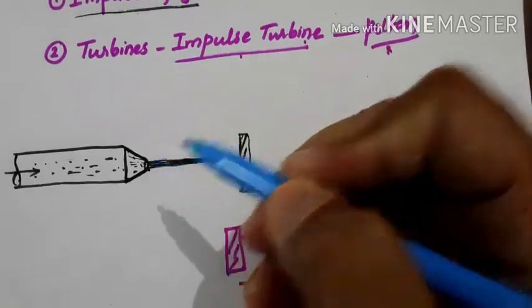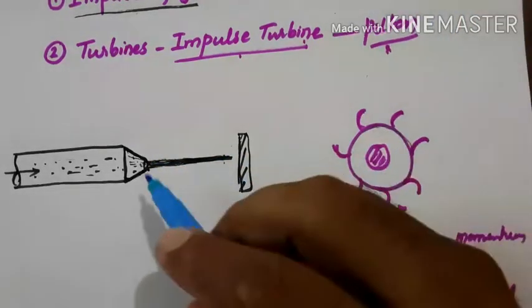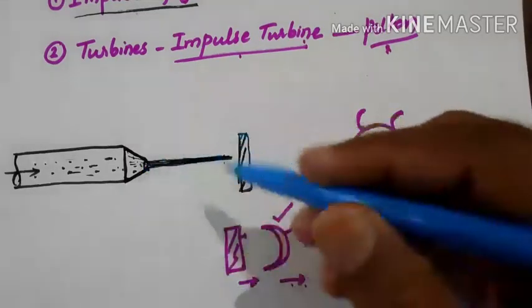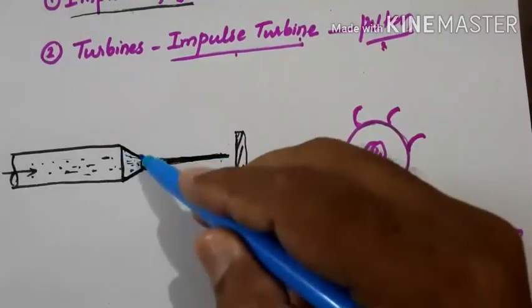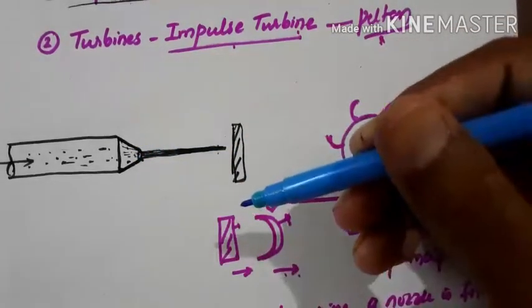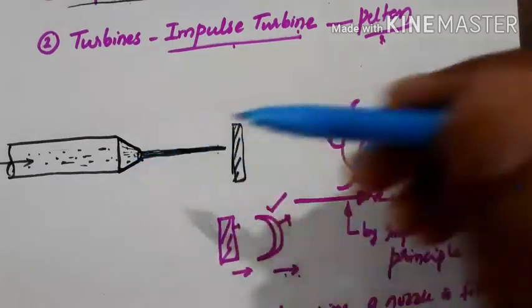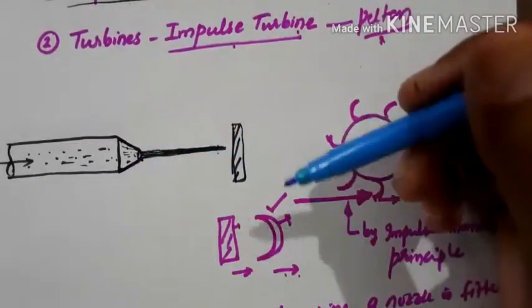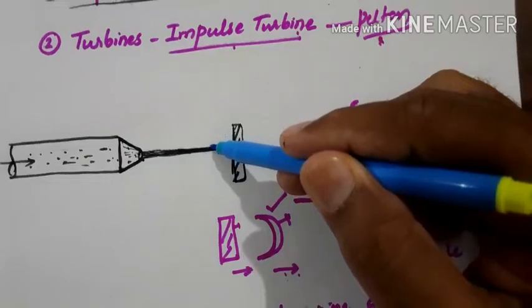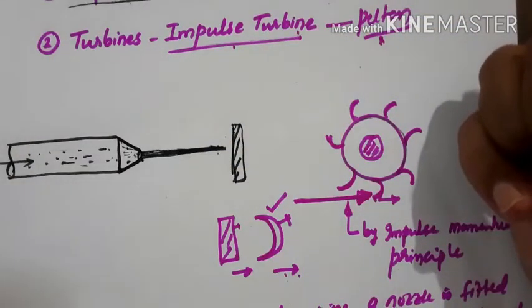When the liquid comes out of the nozzle, which is fitted at the end of the pipe, the nozzle is fitted just to increase the kinetic energy of the fluid. Then the fluid comes out of the nozzle in the form of a circular or non-circular rod, which is called a jet of water.